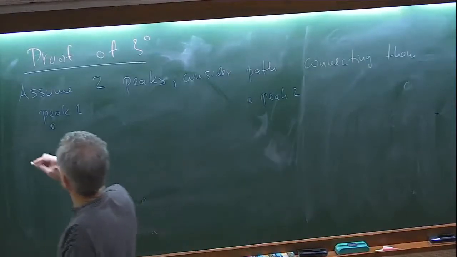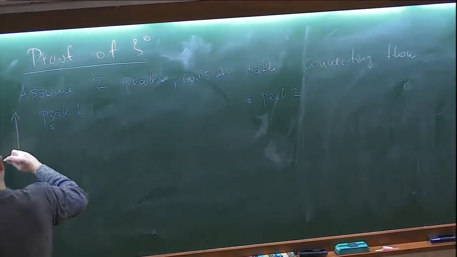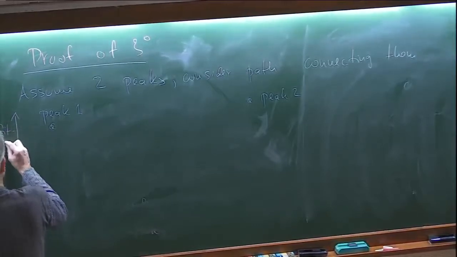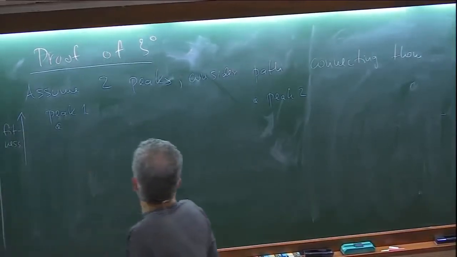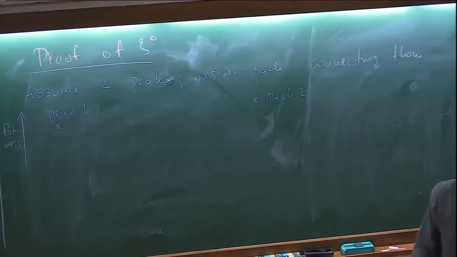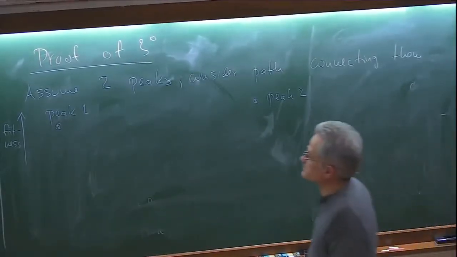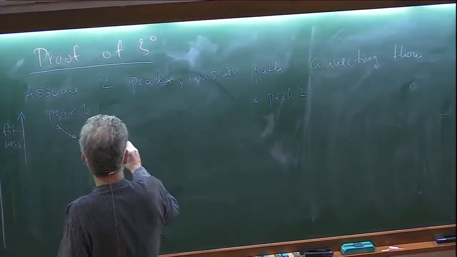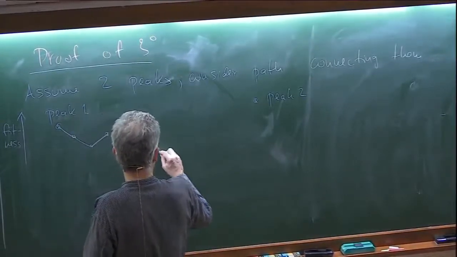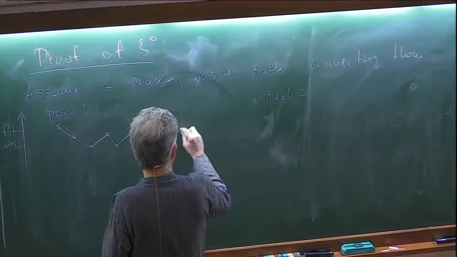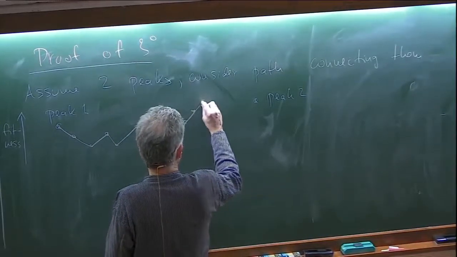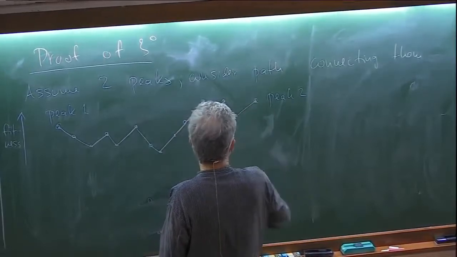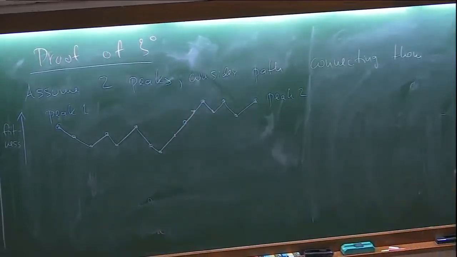And here is fitness, okay. And now because these are peaks, I know that the first step must go down, right? So this might be one path. You know, it does something in between, something complicated maybe. Could even go higher. Okay, so this is my path.